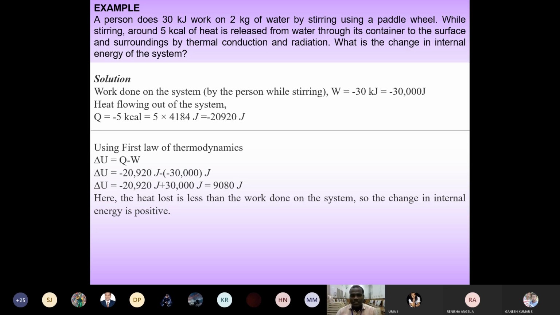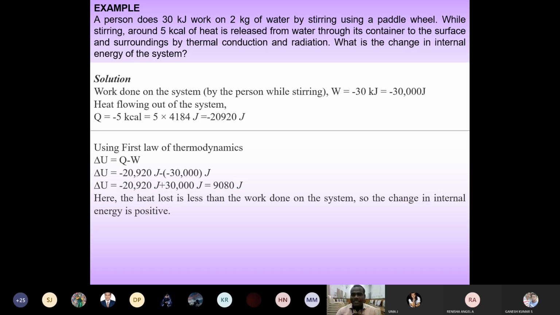We are stirring 2 kg of water and we are doing work of 30 kilojoule. By stirring, around 5 kilocalories of heat is released. So the Q is released, right? There is conduction and radiation.